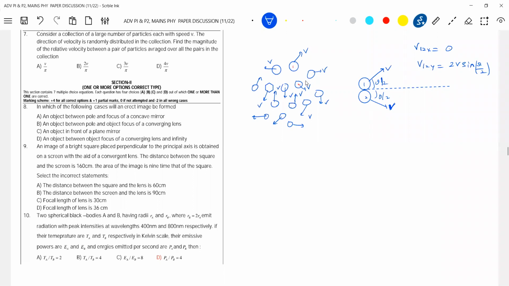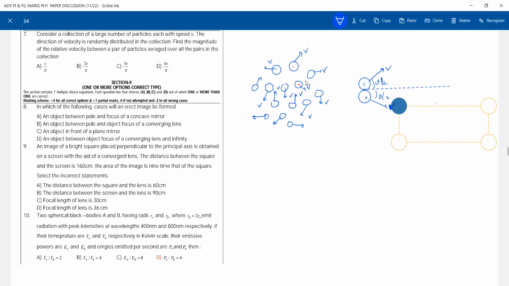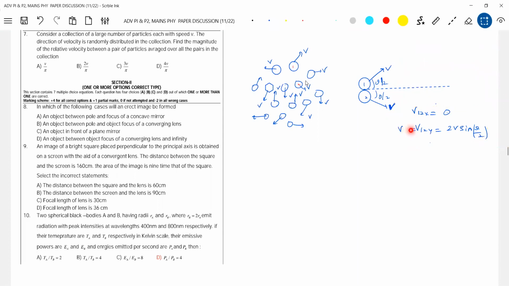I took this particular pair like this, so this is the relative velocity. I'll shift it down here and call this v relative.